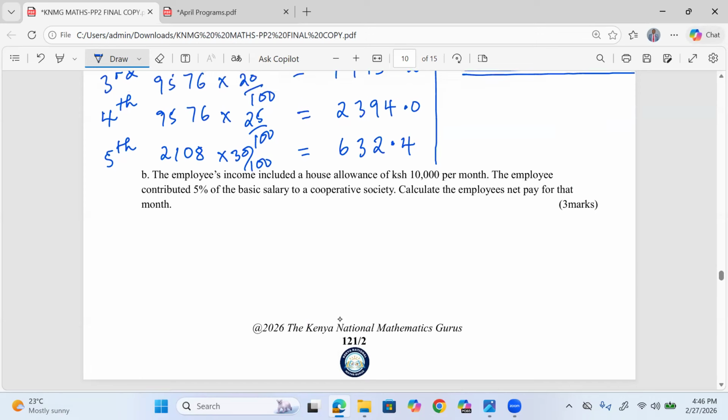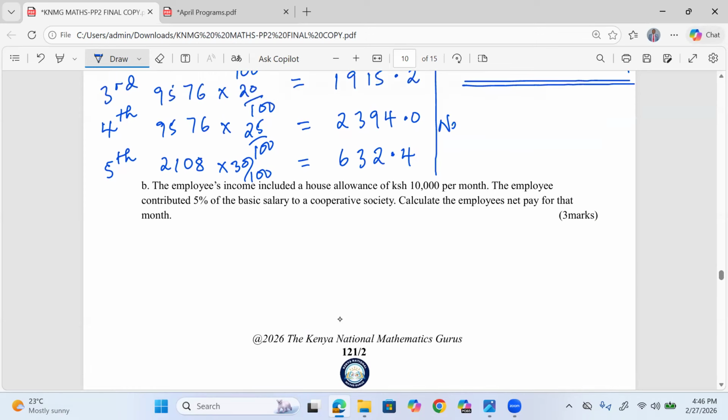How do we get net pay? Net pay is given by gross income, everything that the guy earns, minus all deductions.